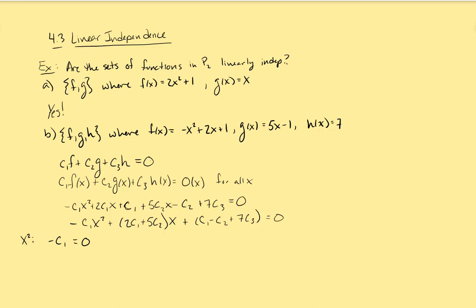There are no x squared terms over here on the right. Look at the first powers of x. What coefficients do we have? We have 2c1 plus 5c2 on the left side. That's what's multiplying x on the left side. There are no x's on the right side, so that's a 0 there. And all the way down to the 0 powers, or the constants, we have c1 minus c2 plus 7c3 equals 0.